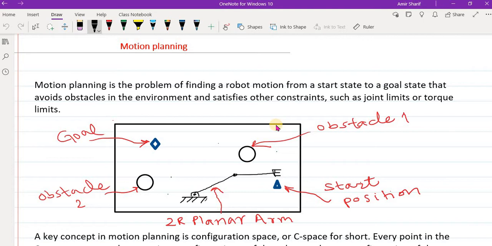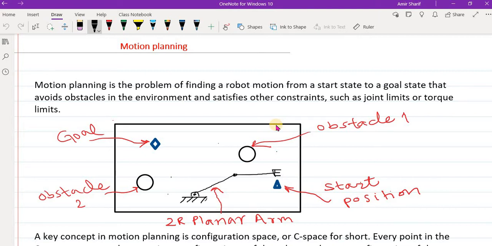For these types of tasks we need a path, a trajectory, that avoids collision with the obstacles.